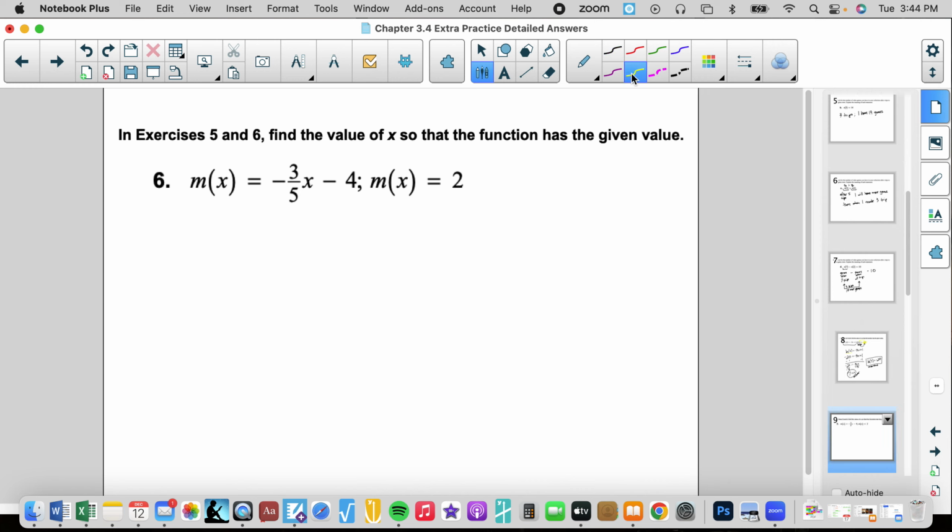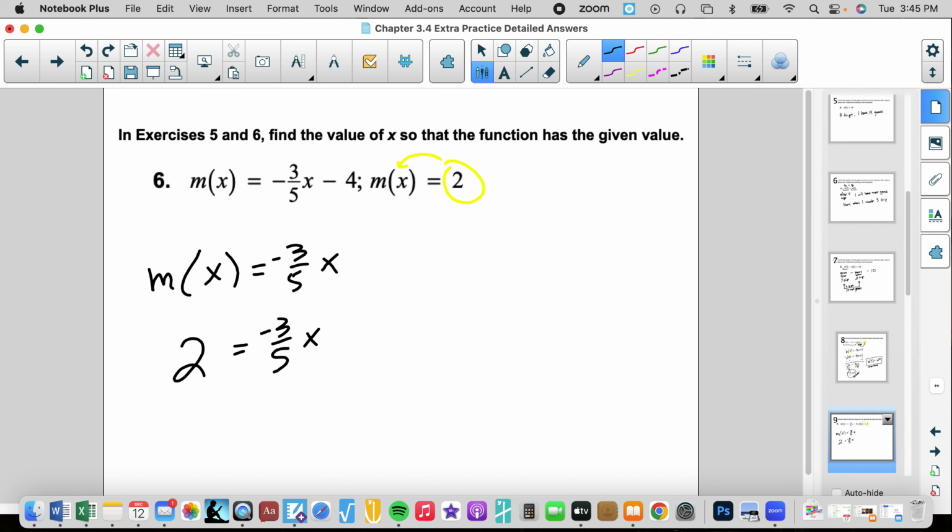So same thing, we're going to take this value and plug it in, or exchange it, substitute it for that value. So instead of writing m of x equals negative 3/5 x, we're going to substitute 2 in for m of x. Then we're going to multiply by the reciprocal, which is negative 5/3. Negative 5/3.